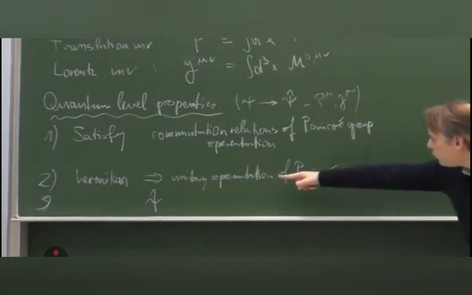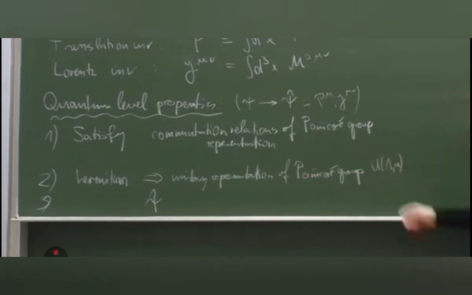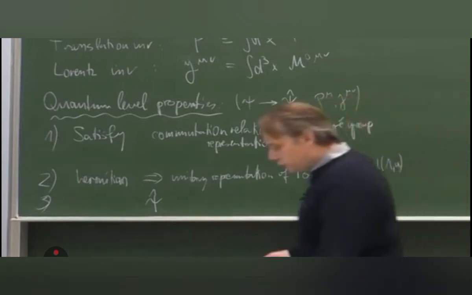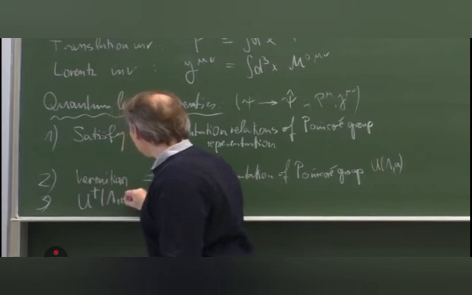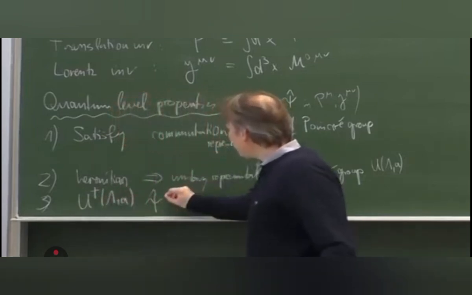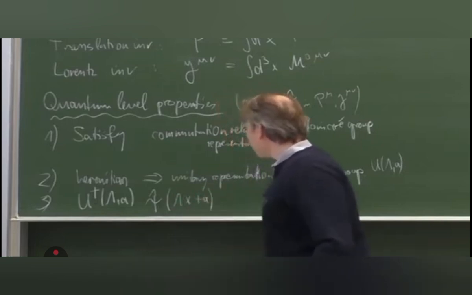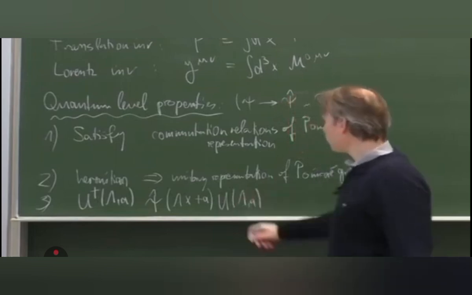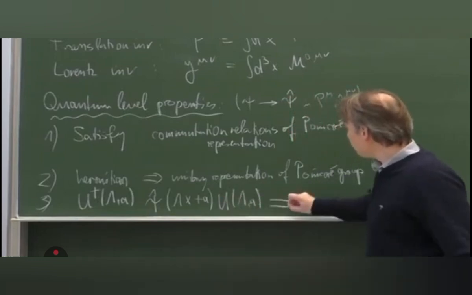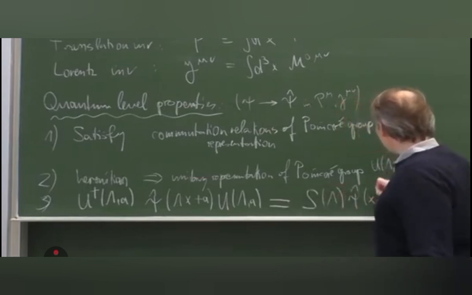So let's give it a name here. So this defines a unitary representation u of lambda comma a, the same name as usually. And so now if we apply this operator in the following way, u dagger of lambda a, then a field operator psi hat at the argument lambda x plus a, so Lorentz transformed argument, and u of lambda a without dagger, then we get s of lambda times psi hat at x.